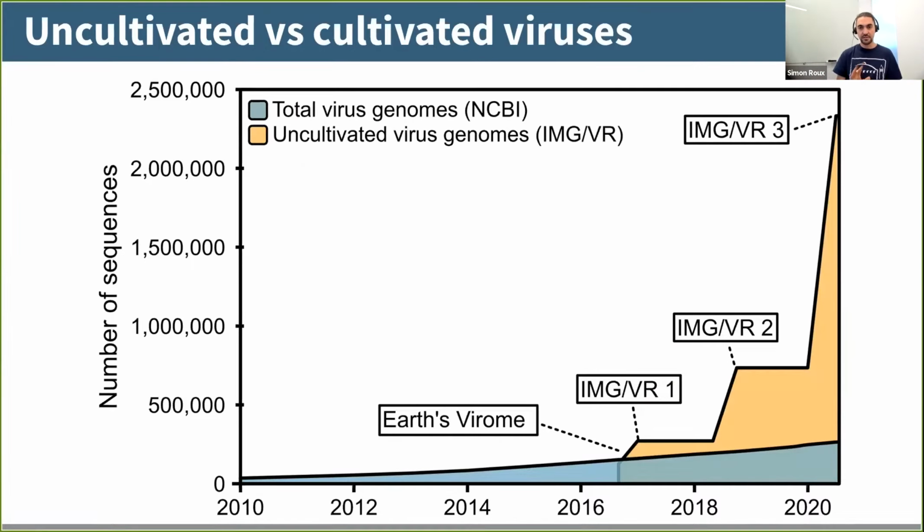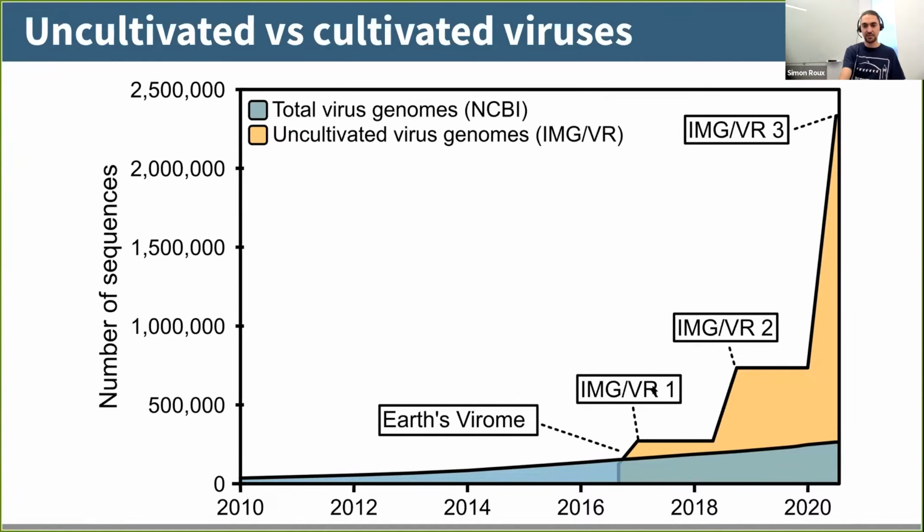Okay, a quick sense of scale. I like to show this because it's a pretty easy graph to understand. The blue line is all the virus genomes, in this case from NCBI. The yellow line is the growth of all the viral contigs extracted from metagenomes, so it can be partial or near complete genomes. At this point, I'm not even counting non-redundant, I'm counting all contigs.